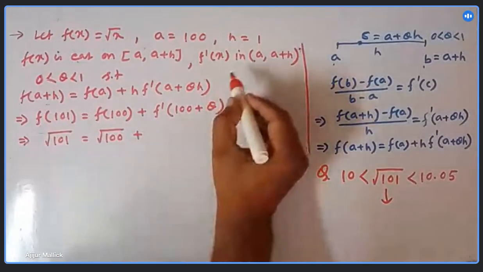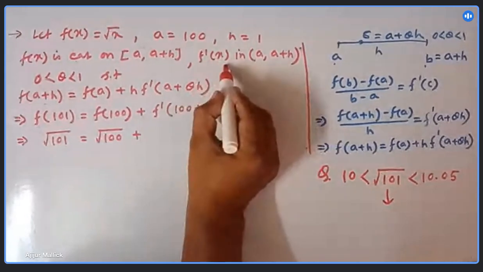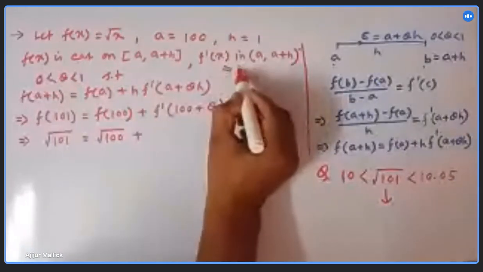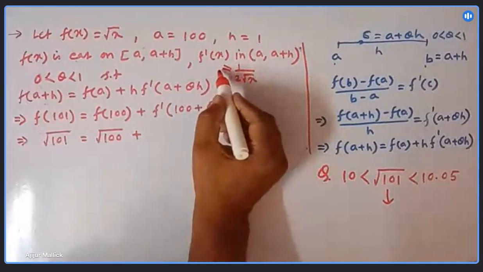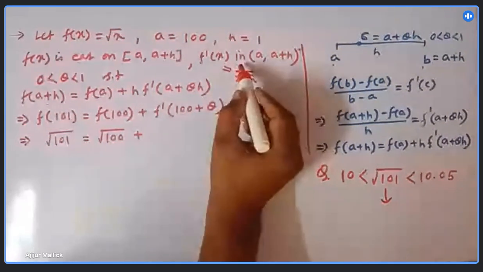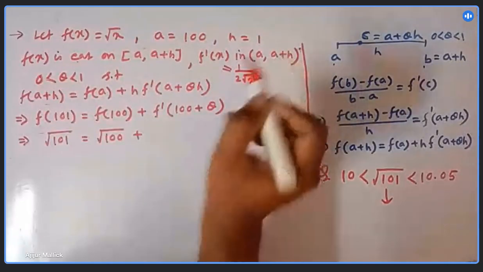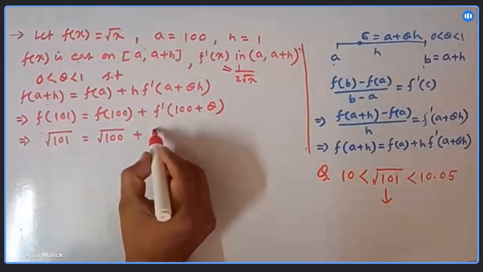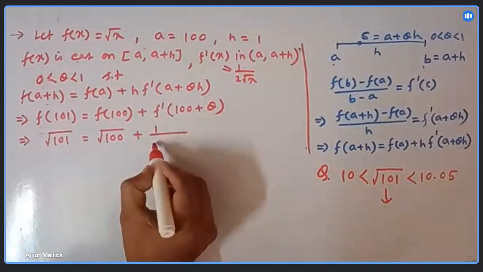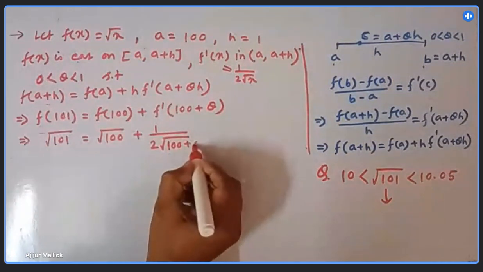Here you will write f dash x is equal to 1 by 2 into root x, which exists in the open interval a to a plus h. So f dash x equal to 1 by 2 into root of 100 plus theta.